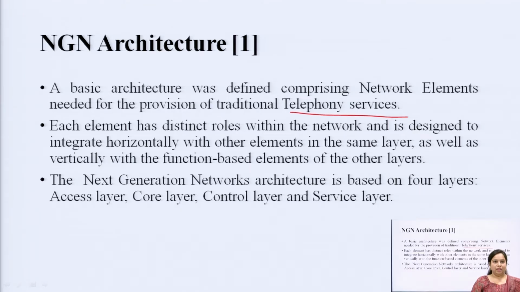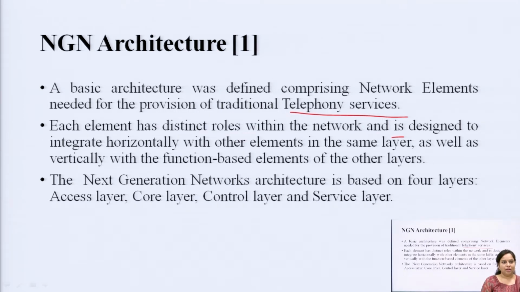So, each element has a distinct role within the network and is designed to integrate horizontally with other elements in the same layer as well as vertically with the function based elements of the other layers. Like a layered architecture, there are 7 layers in the ISO OSI model.